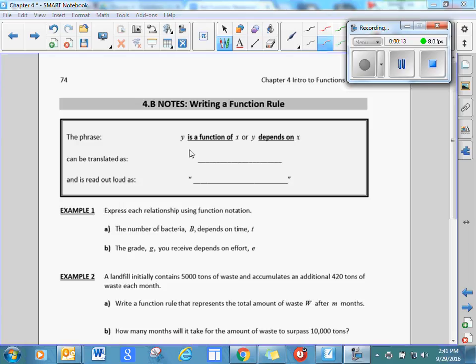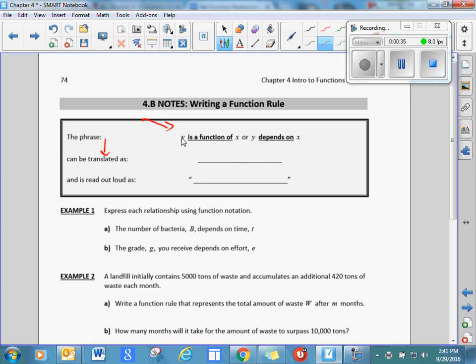So we're going to talk about how to write these function equations, and we're also going to talk about some special notation. This phrase right here, y is a function of, or y depends on x, is what we talked about in the last couple of videos. We're going to translate that into a mathematical equation like this.